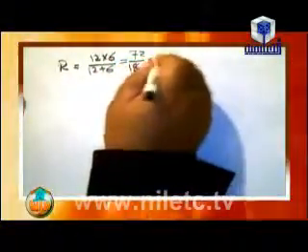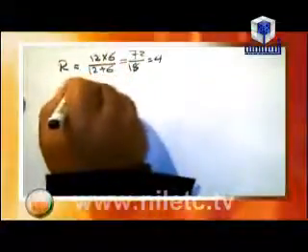First, we find the total resistance. R equals 12 times 6 over 12 plus 6, which is equal to 72 divided by 18 equals 4.